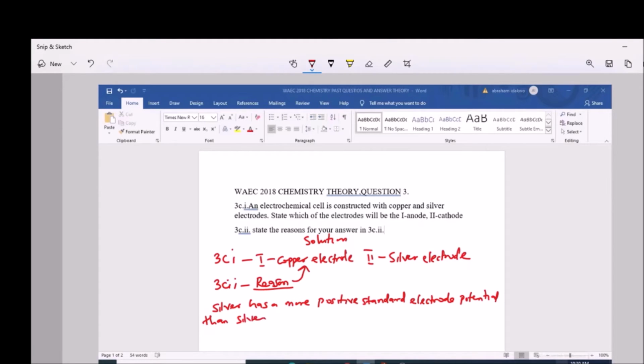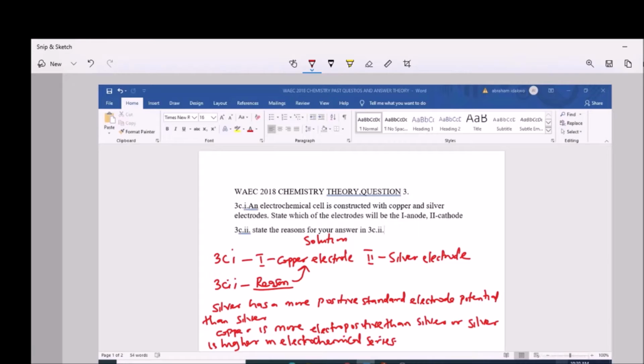Then we can also say that copper is more electropositive than silver, or we say that silver is higher in the electrochemical series.